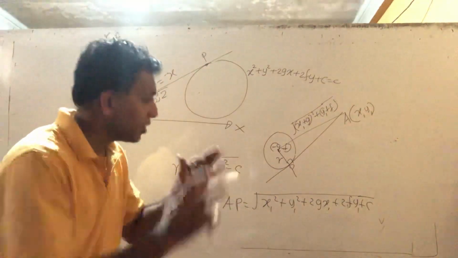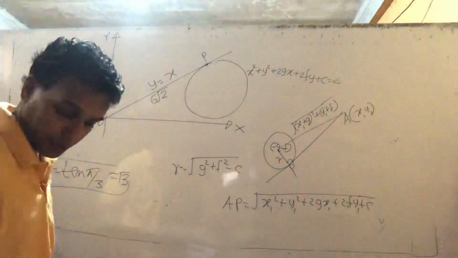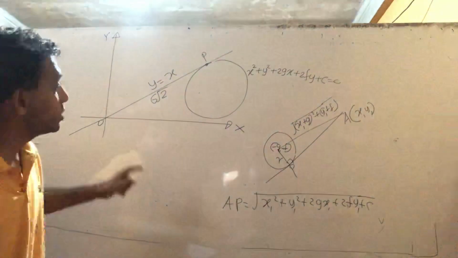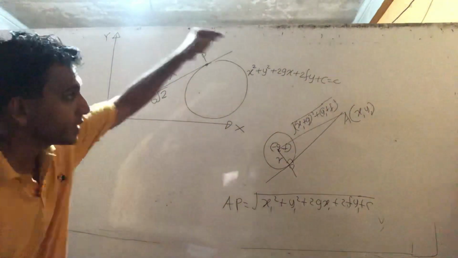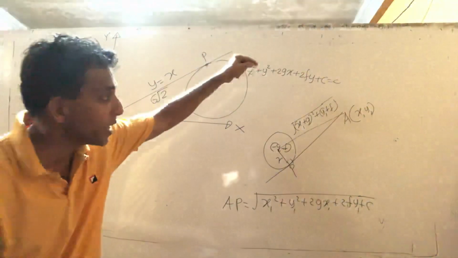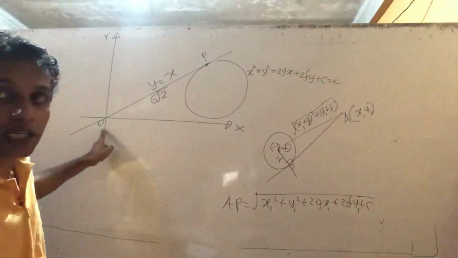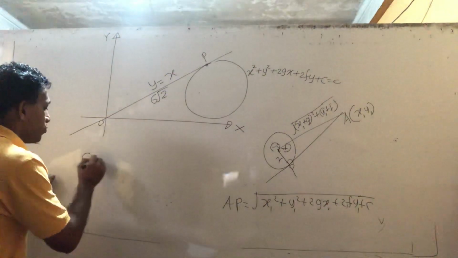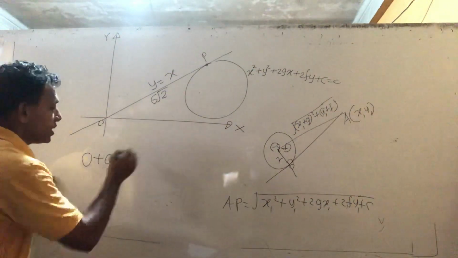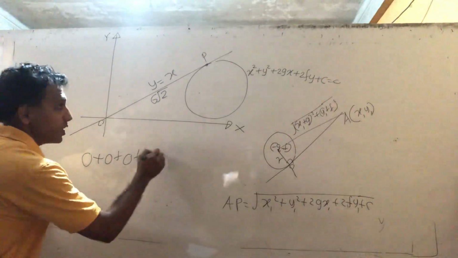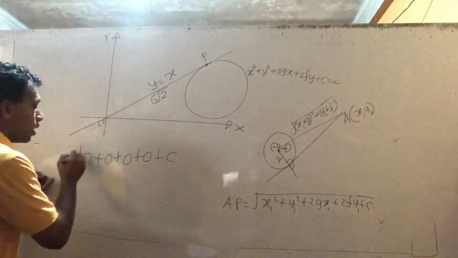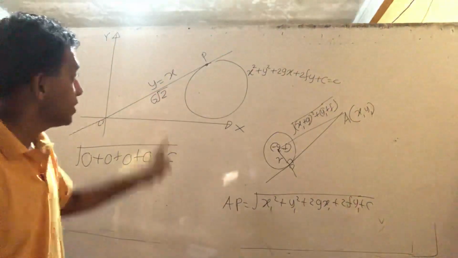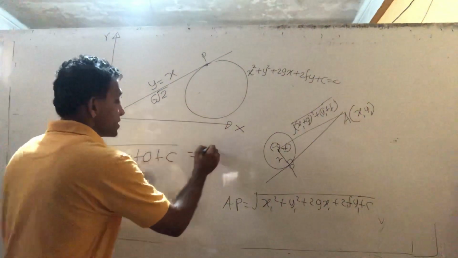If I follow the same idea here, put the external coordinate, the origin 0, 0, inside the equation of the circle: 2g into 0, 2f into 0, c. The square root of that is the length of the tangent, which is equal to 6 root 2.